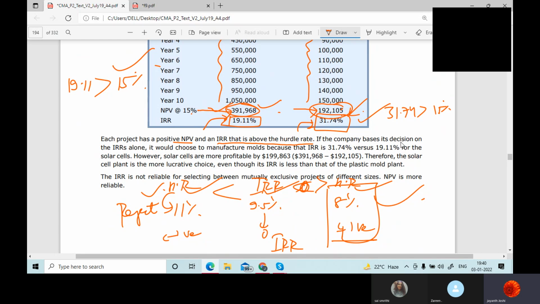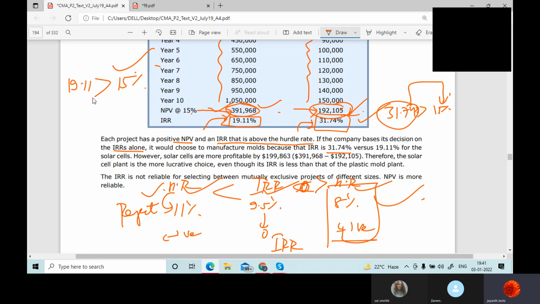If the company bases its decision on IRRs alone, it would choose to manufacture molds, because the IRR is 31.74%. It is more than your hurdle rate first of all, and you can accept any project above the hurdle rate. Correct? And here you can get a higher IRR than this.